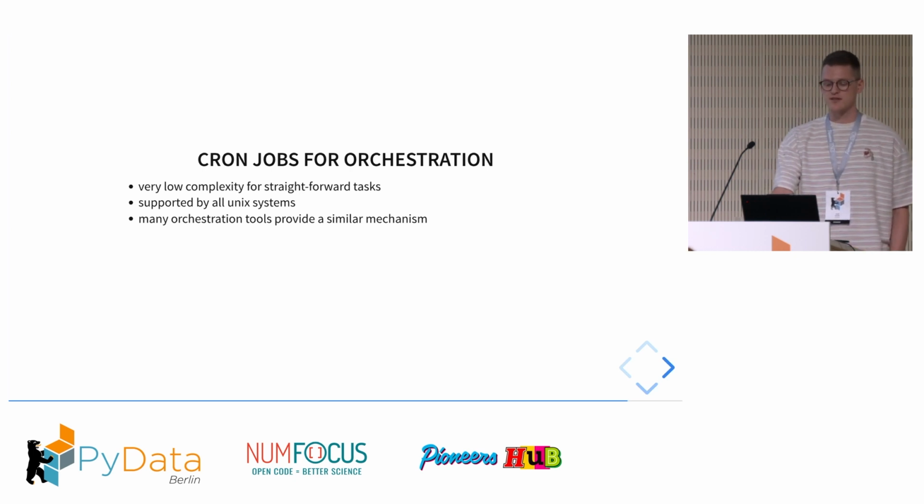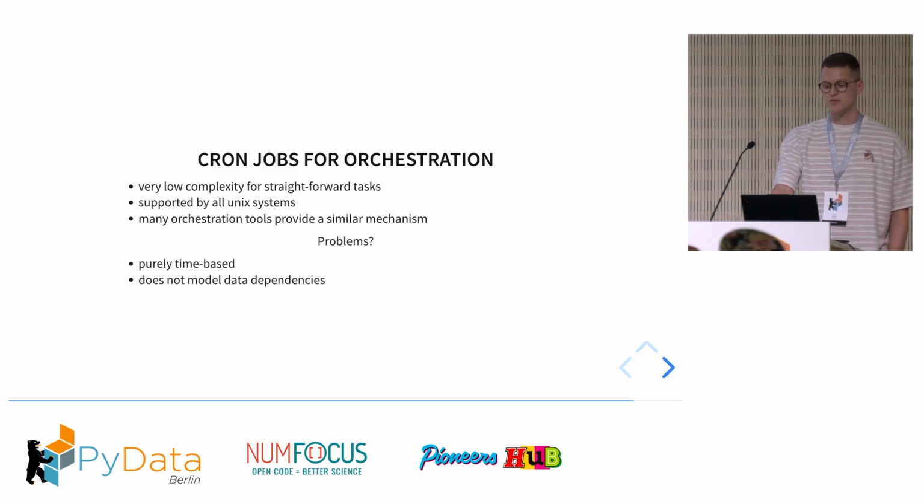It's supported by all systems, and almost all orchestration tools have something resembling cron jobs as well. The problem is they're purely time-based, so you don't have any data dependencies between the components of your pipeline, which might not be ideal for more complex use cases, but you can always put that into Airflow, for example, later on.